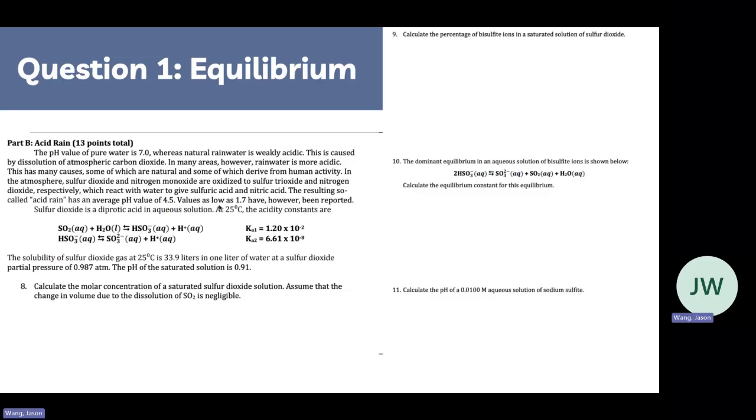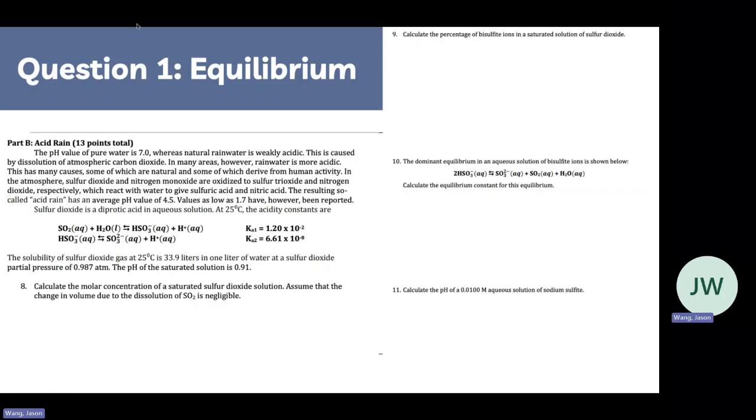The pH of the saturated solution is 0.91. So they throw in that piece of information, which might seem not useful. But we can eventually see that it's really important when we start to answer some of these questions.